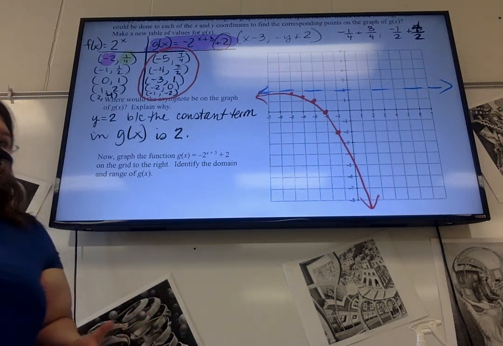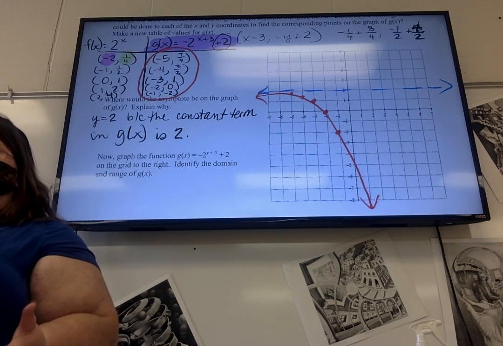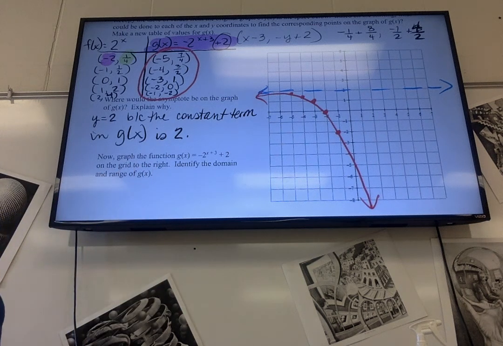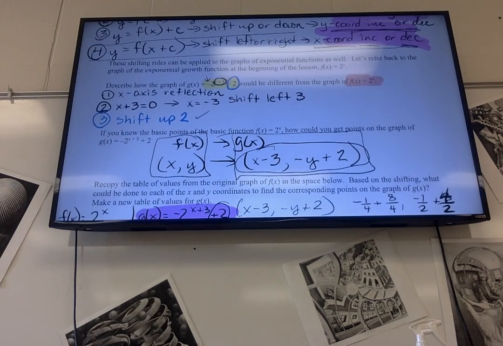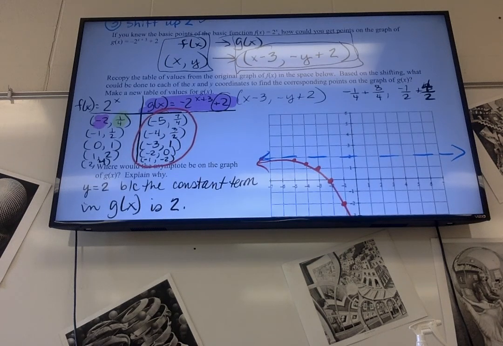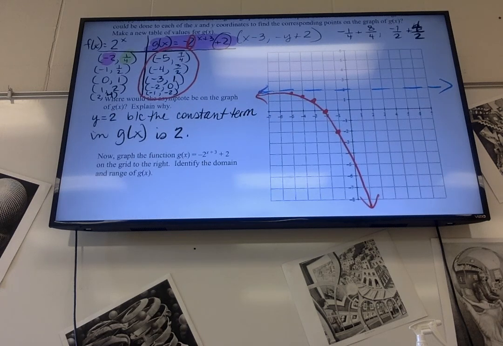One of the things that we learned in the lessons that were taught over the snowpocalypse was that if you have 1 reflection, which this one only had, an x-axis reflection, and if the number, in this case a 2, is bigger than 1 (it's either between 0 and 1 or bigger than 1), and there's 1 reflection, then it was decay, which is what it is.